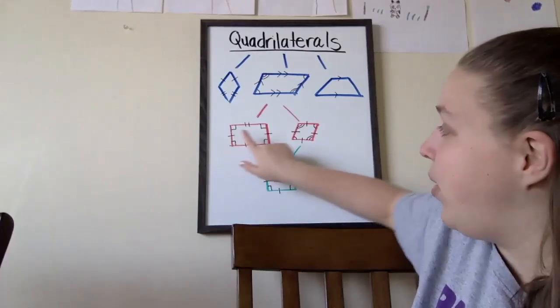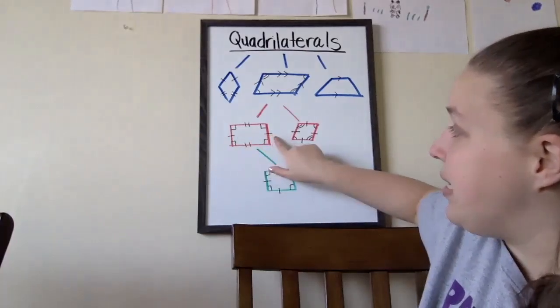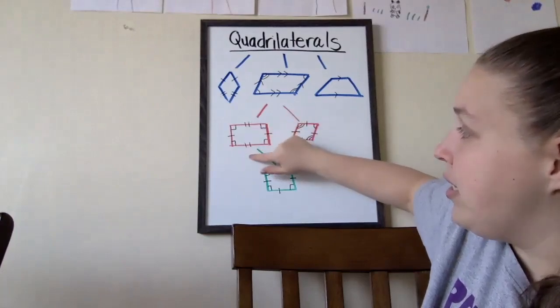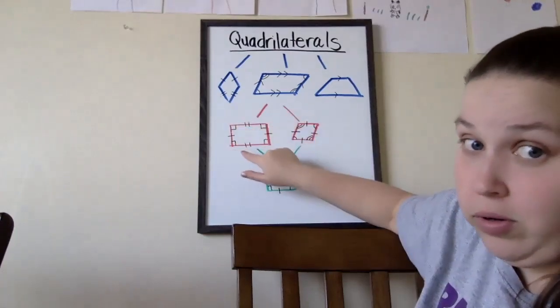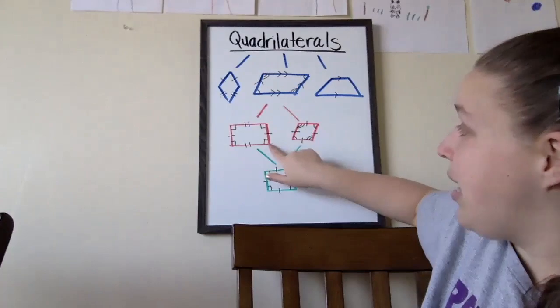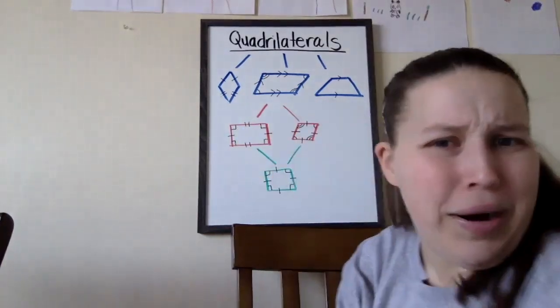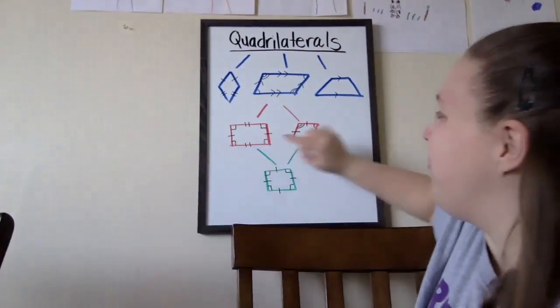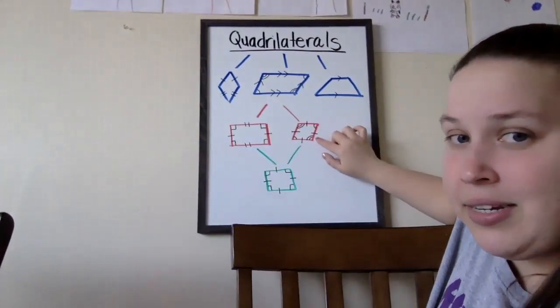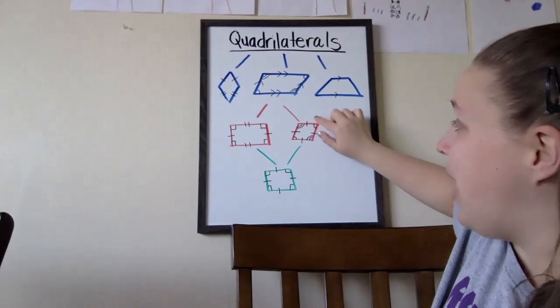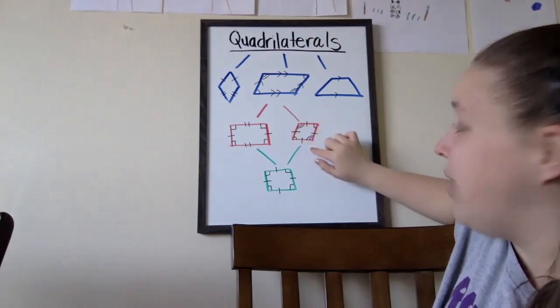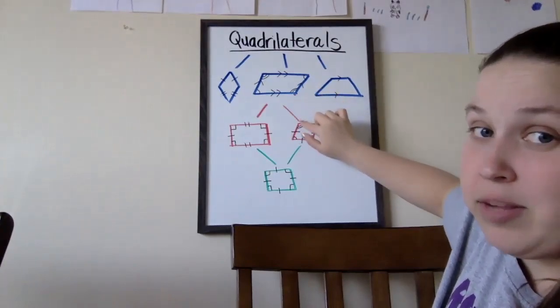So this one only has 1 line and this has 1 line. So opposite sides are congruent, which means all 4 don't equal. And all 4 angles are what type of angles? Right angles, all 4 right angles. But if we look at the rhombus, all 4 sides are congruent and parallel. That's why it falls under the parallelogram.